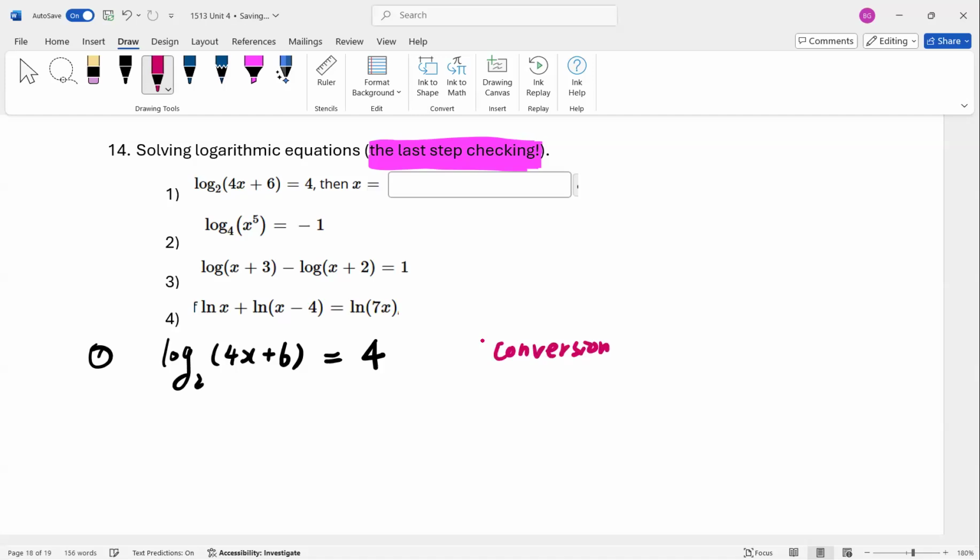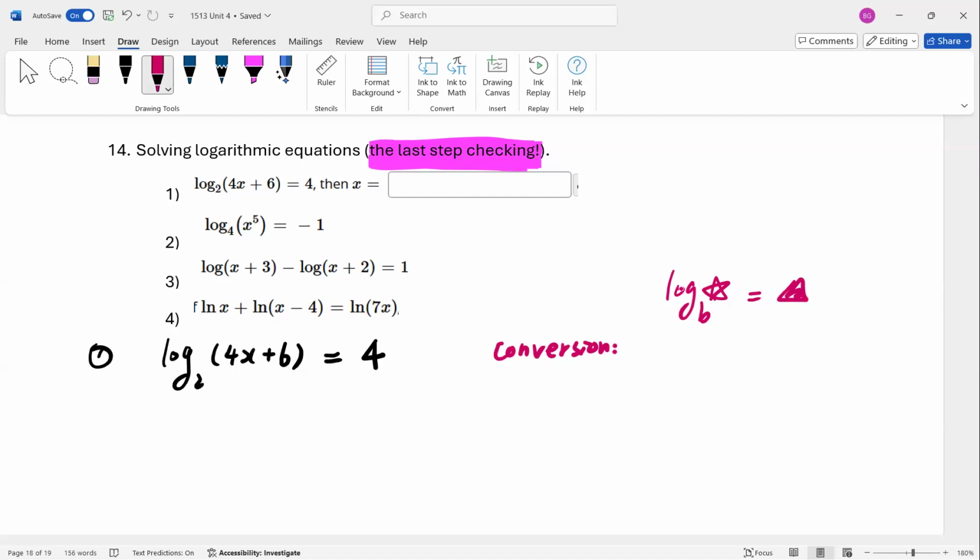Before we use it, let's review it. Log with base b of a star equals a triangle. This is a logarithmic equation. I hope you still remember the names for the three parts.